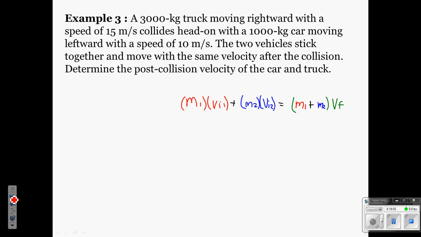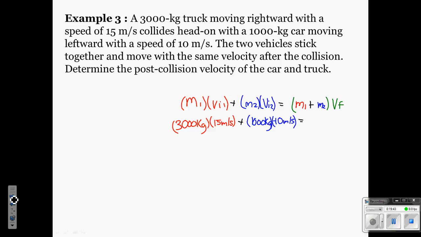The example reads that a 3,000 kilogram object is moving rightward, which is positive, with a speed of 15 meters per second. And then we had a second object that it collided with, and that object weighed 1,000 kilograms, excuse me, times the velocity, which is going leftward, which means it's going to be negative.